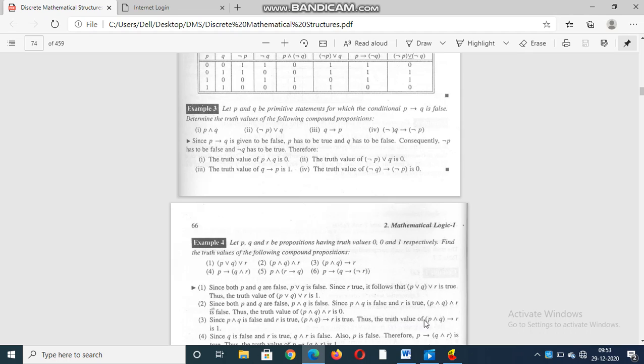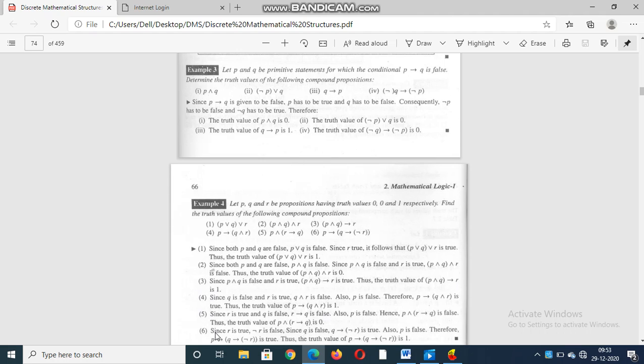Thus the truth value is true. That's it. Now the fourth statement, P implies Q conjunction R. What is Q conjunction R? Q conjunction R is 0 conjunction 1, so definitely the output is 0. 0 implies 0, what is the output? 1. Correct, right?